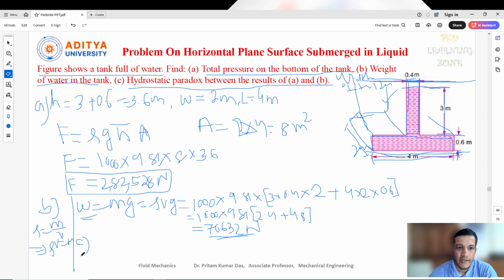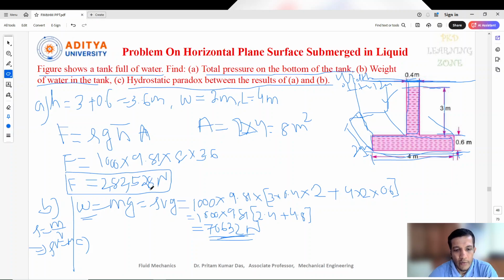And part C is asking us to define the hydrostatic paradox between the results A and B. So what result did we get here? The total weight of the water is 70,632 Newton, whereas the force due to the pressure at the bottom of the tank is 282,528 Newton.